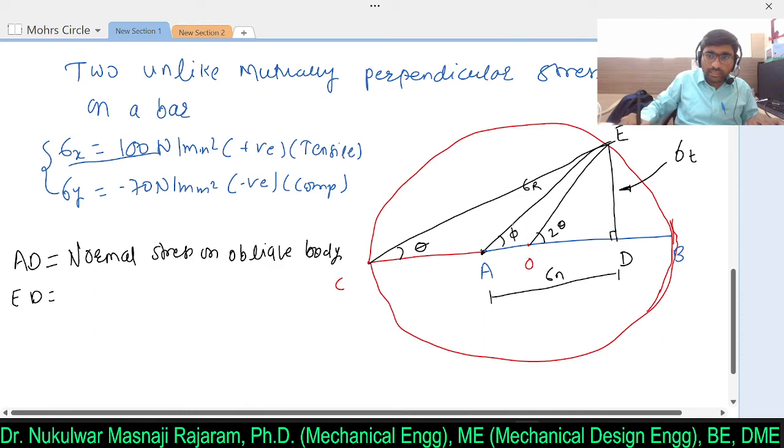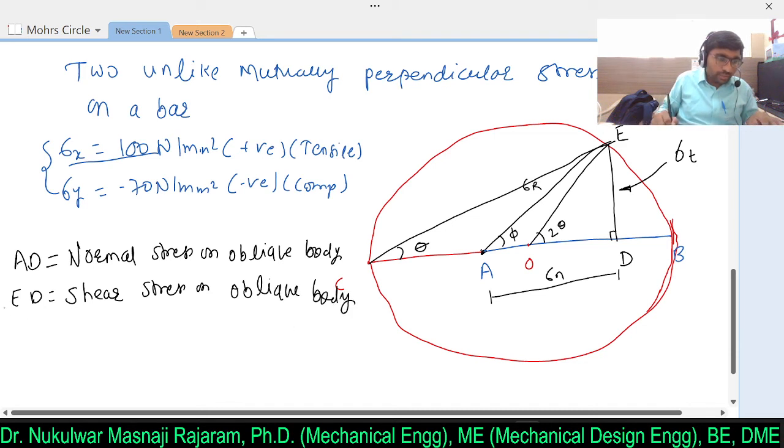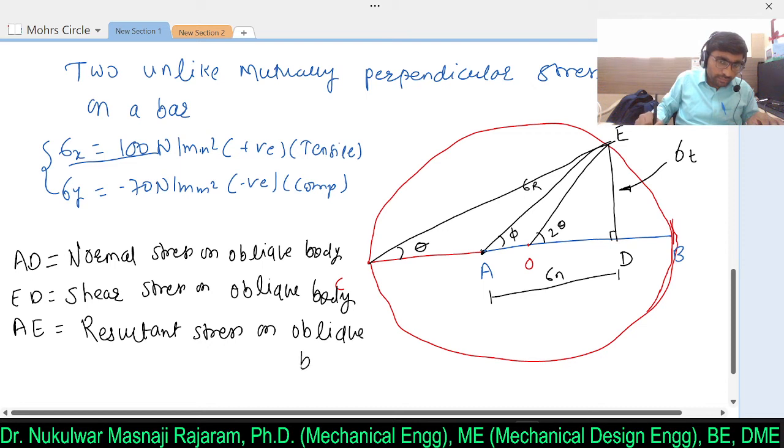If you measure length ED and multiply by scale, then it is nothing but the shear stress on the oblique body. And if you measure the length AE, that will be nothing but the resultant stress on the oblique body.